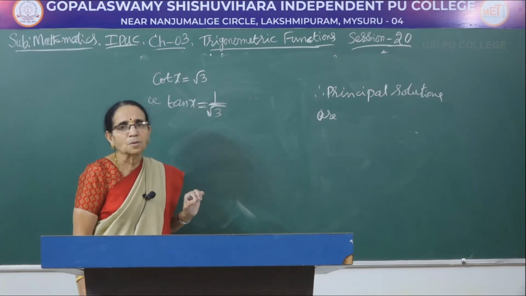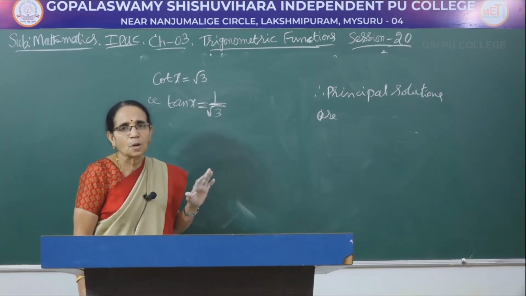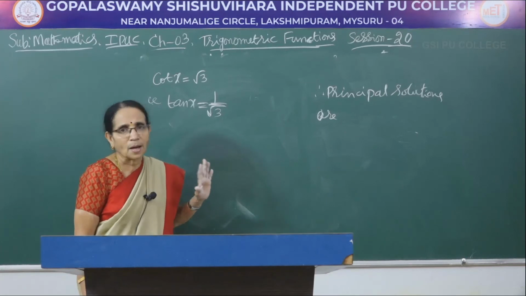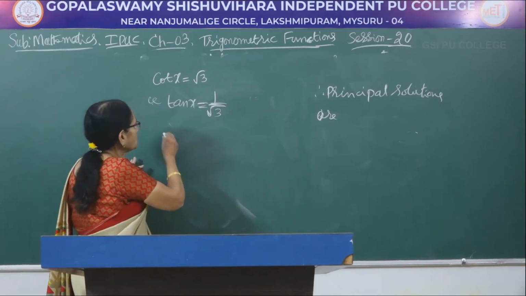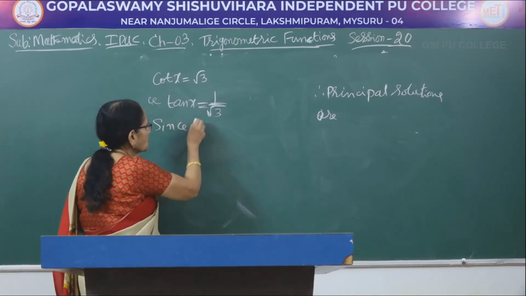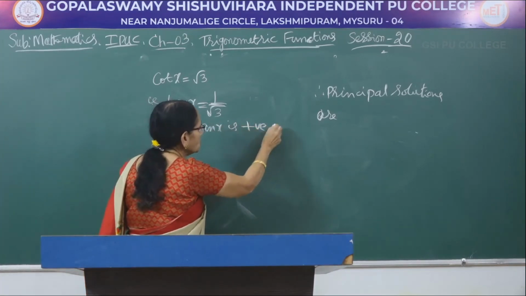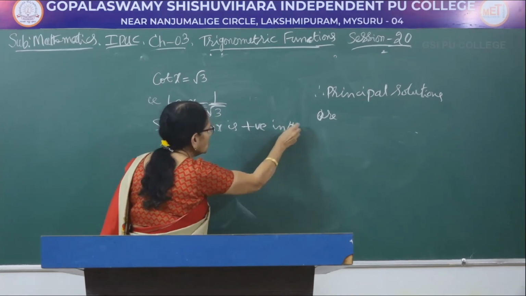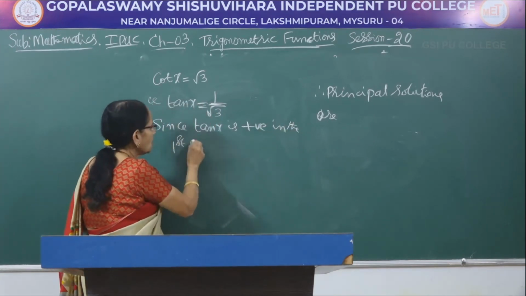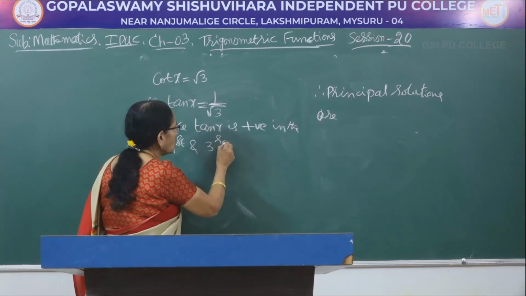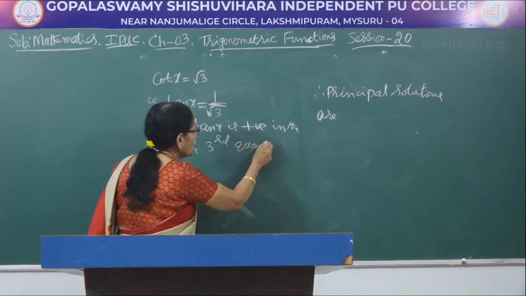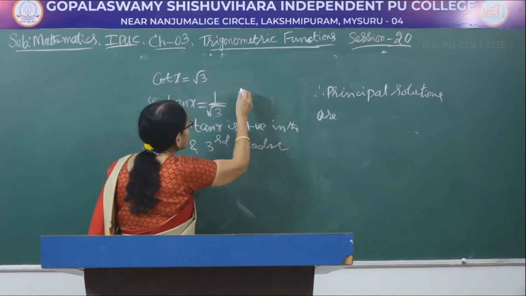If it is positive, one value would always be from the first quadrant, an acute angle. Now you write this, since tan x is positive in the first and the third quadrants.